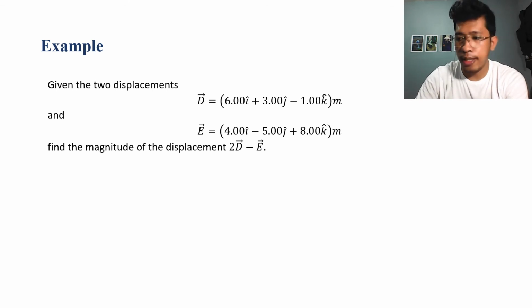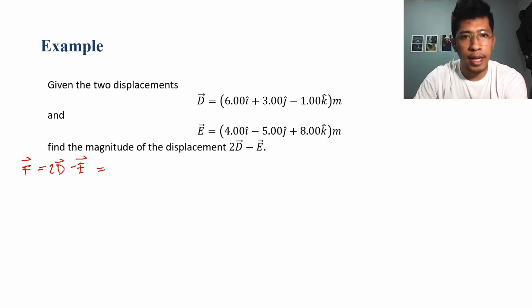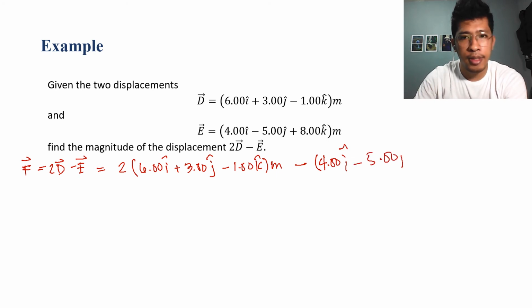Okay, now let's solve this problem. Suppose we call 2D minus E your vector F. So we have 2 times 6i hat plus 3j hat minus 1k hat meters, minus your vector E of 4i hat minus 5j hat plus 8k hat meters.